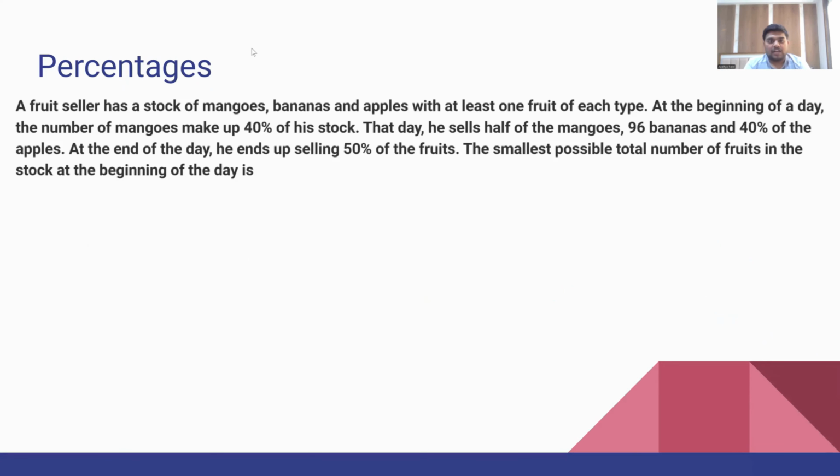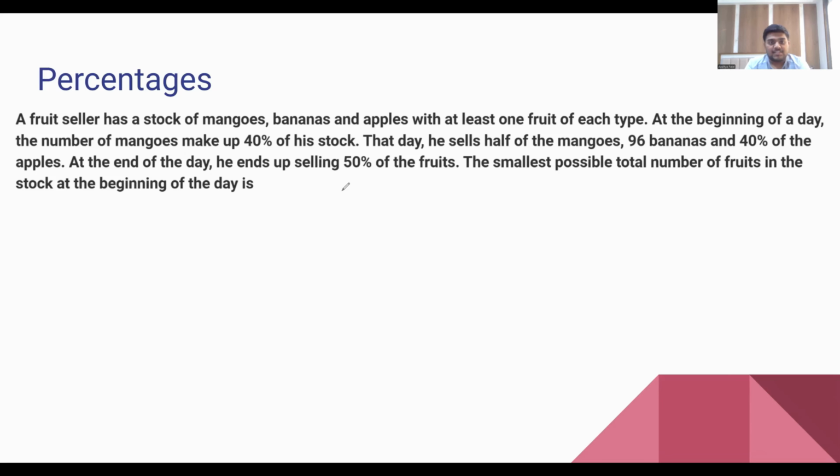Now let us try solving an actual CAT question based on this. This is a little bit advanced, but you'll be able to grasp it easily. A fruit seller has a stock of mangoes, bananas, and apples with at least one fruit of each type. At least one of each type.